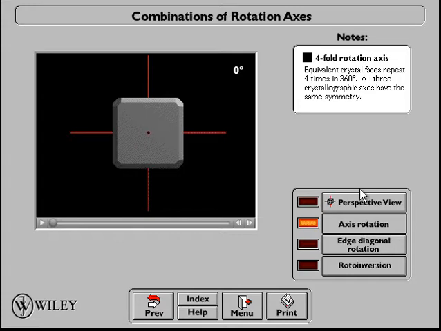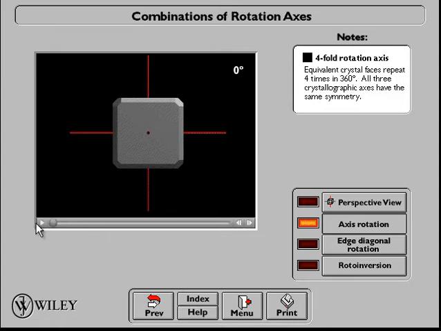Then we have here a 4-fold rotation axis with this square as a symbol. Equivalent crystal phases repeat 4 times in 360 degrees. All 3 crystallographic axes will have the same symmetry.